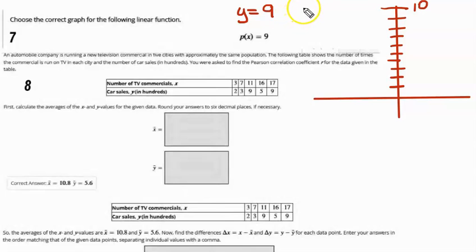This is in that standard form of y equals b, so b is our y-intercept. y equals 9 is a graph of a horizontal line, so that would look like this one. They'd give you a variety of graphs to choose from. This is the one you would select. I didn't write them all out here. It would make the pages too long. But you want to know the protocol.